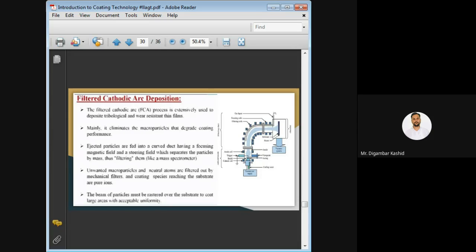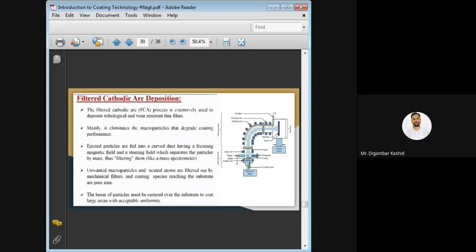So here from this name itself we can understand that this is a slightly modified version of the previous one, meaning the cathodic arc deposition.